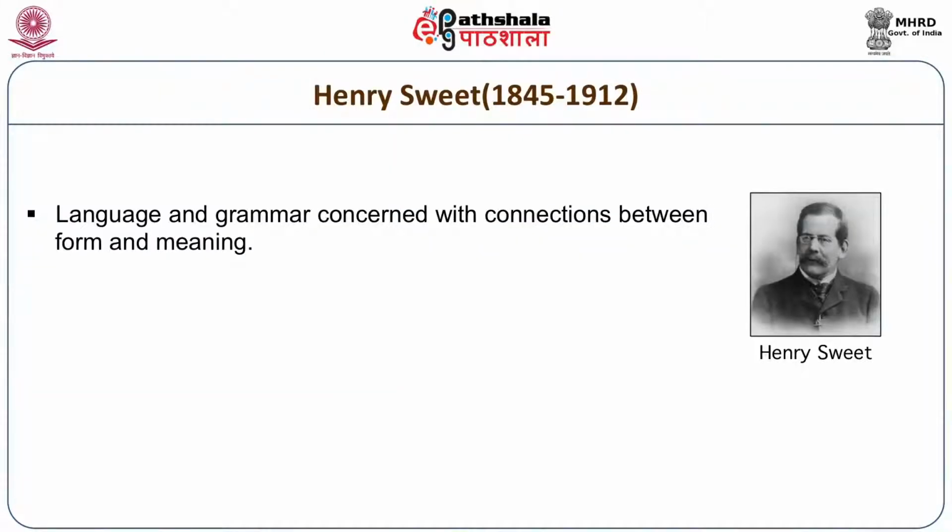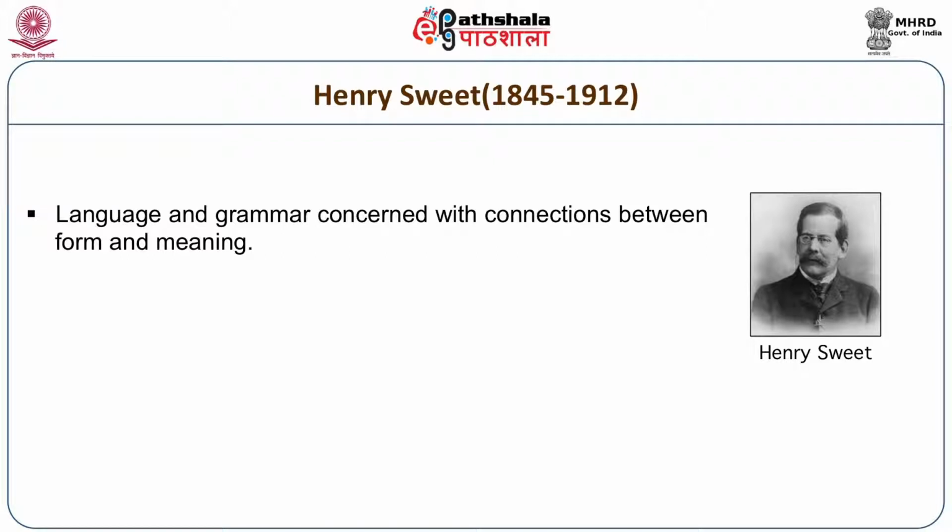In Sweet's view, parts of speech were not the starting point of grammatical category, but really a midpoint or even an end point if you were creating a lexicon. Right? Sweet observed that given that language and grammar are not concerned with form and meaning separately, but with the connections between them, the study of grammar must be purely descriptive.